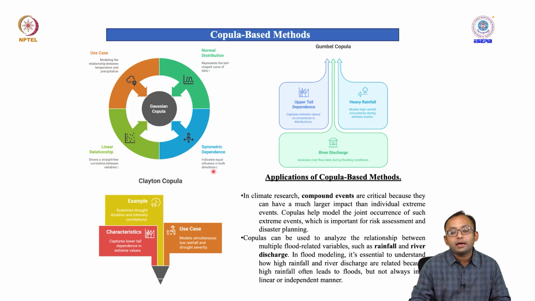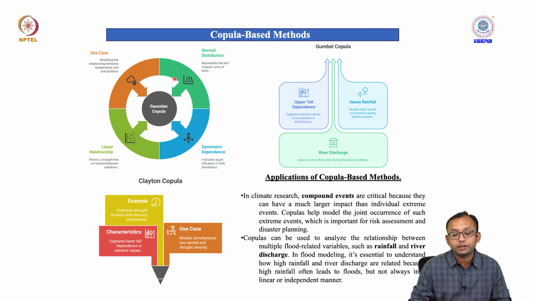Copula is basically a kind of joining two probability distribution functions together. Suppose we have 2 or 3 variables which are happening at the same time, and because of their interaction it might be possible that climate extremes or extreme events amplify. How do we define the relationship between these 2 or 3 variables?